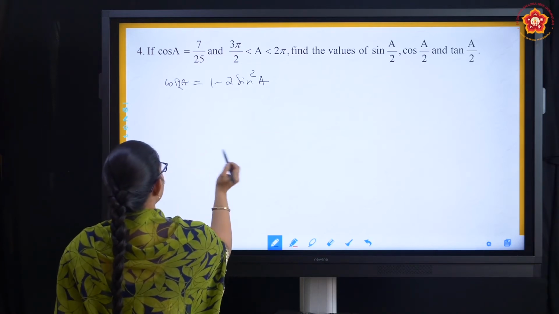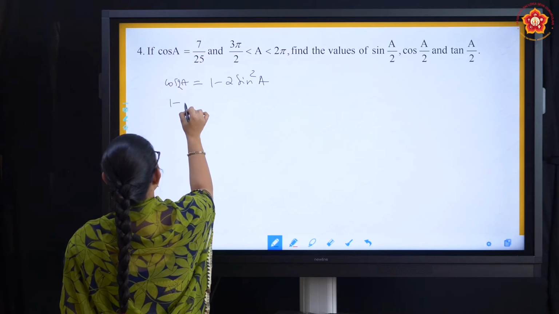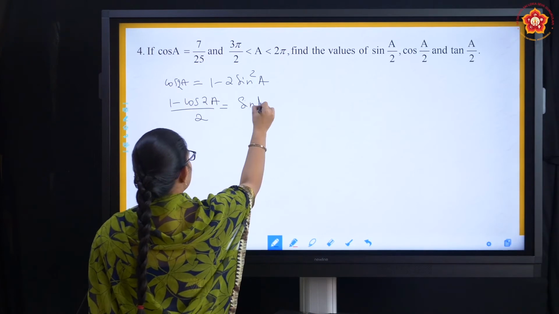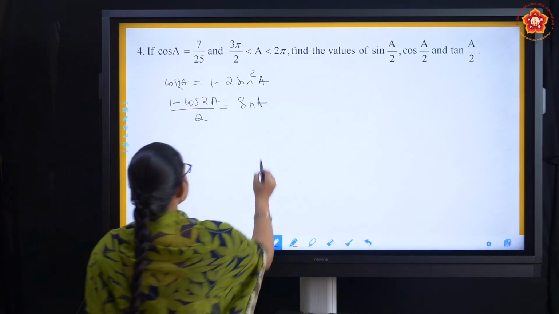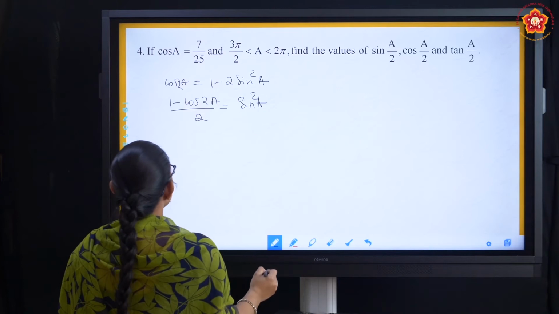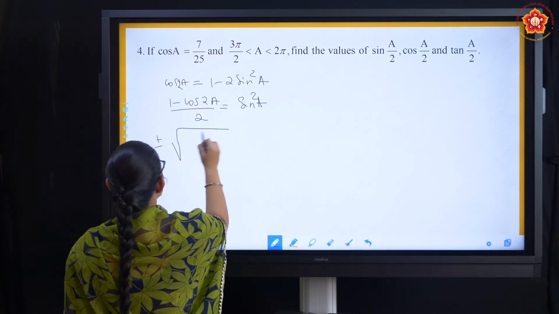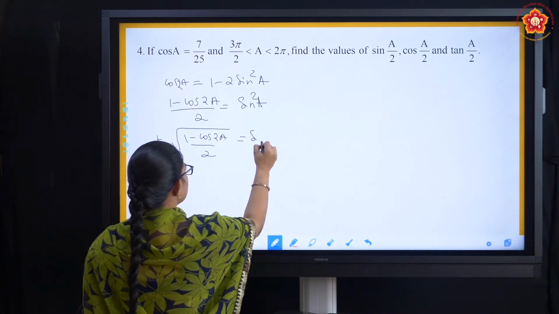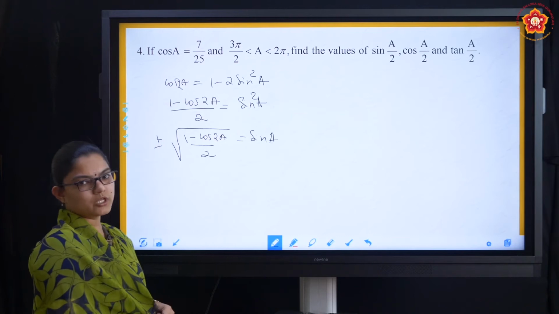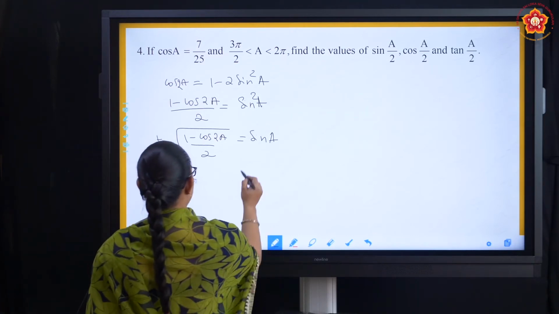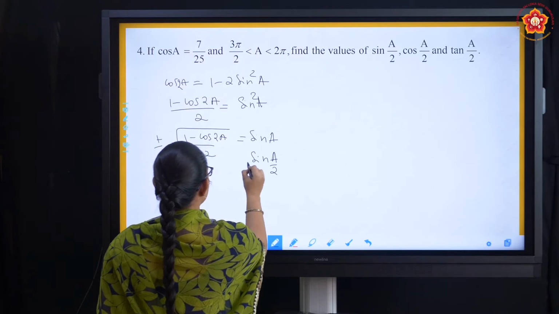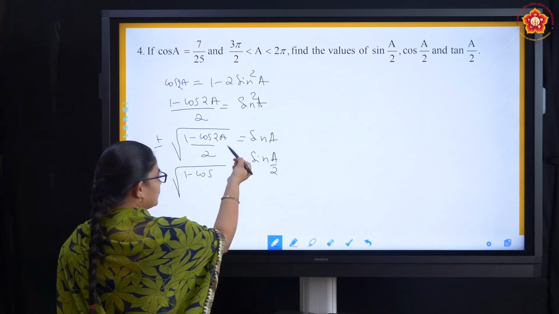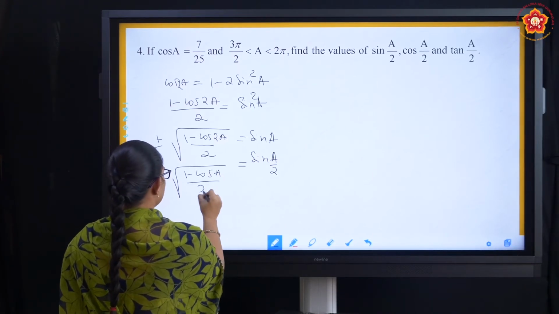So 1 minus cos 2A by 2 is equal to sin square A. Now plus or minus square root of 1 minus cos 2A by 2 will be sin A. Now put A by 2 in place of A, then sin A by 2 will be equal to plus or minus square root of 1 minus cos A by 2.